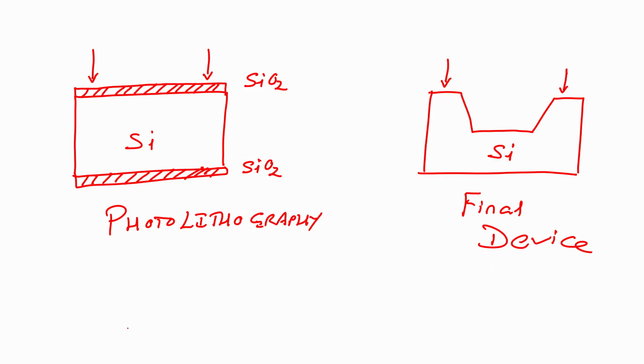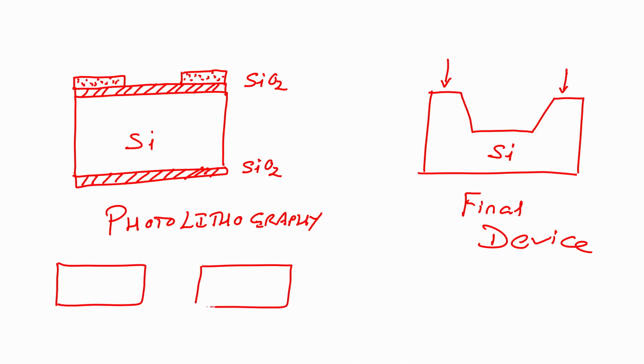What will happen is that I have to use a photoresist, spin coat it on the wafer, use the mask, expose with UV and protect the photoresist only in this region. Let me just quickly draw it for you so you understand.